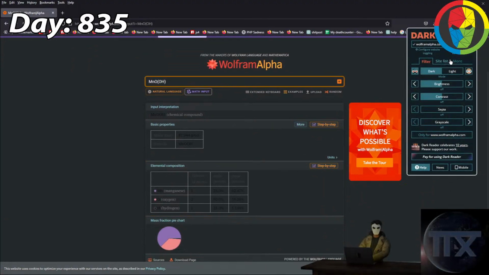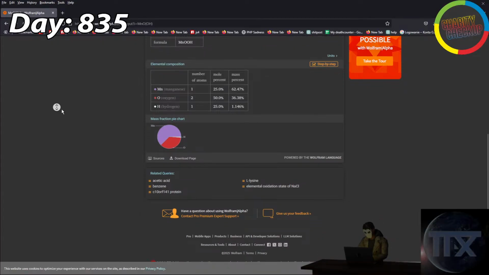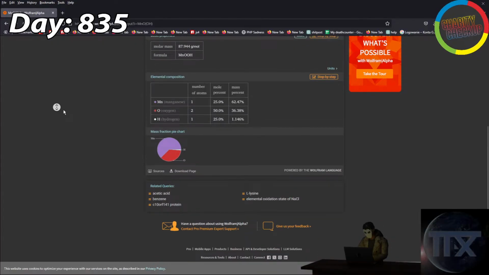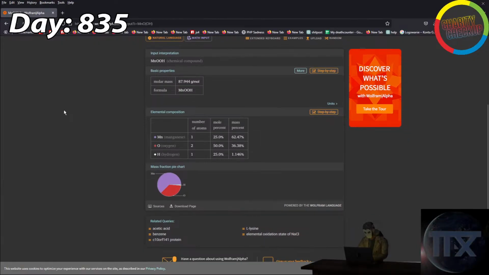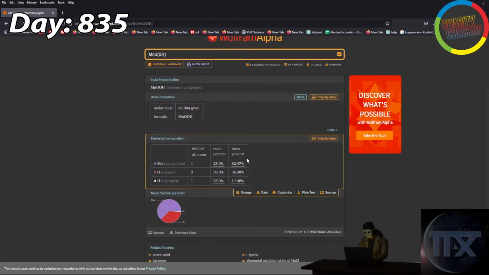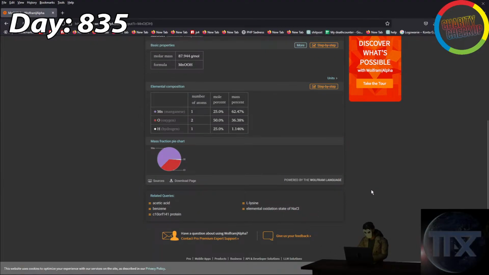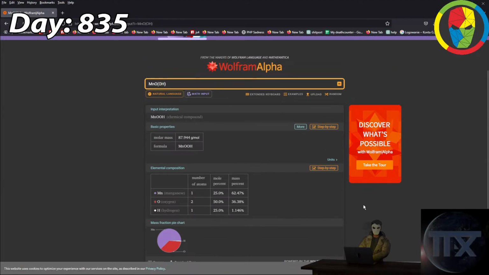Hold on, this website turned off, there we go. Mass fraction, wait, only basic? No, please, just a little bit further, just show me the structure, or the name at the very least.